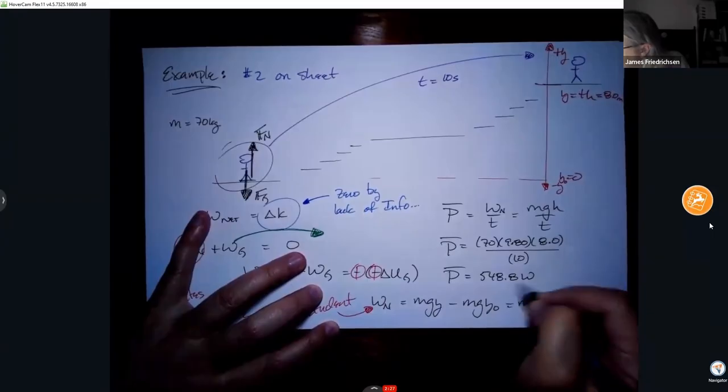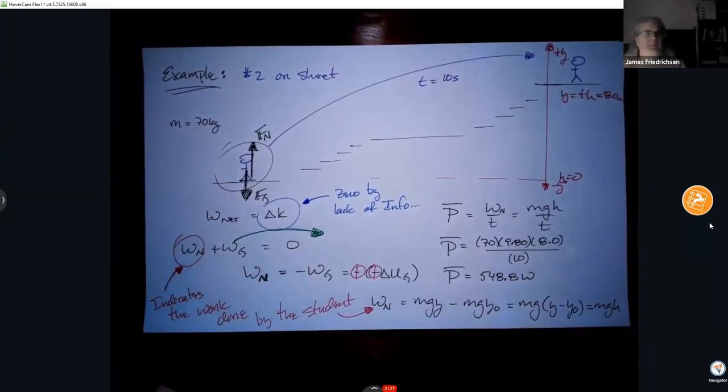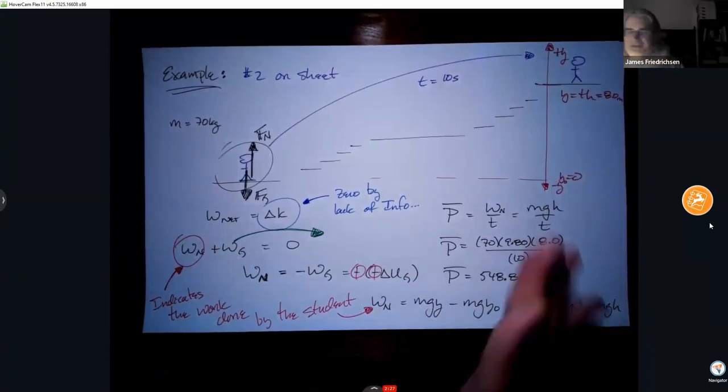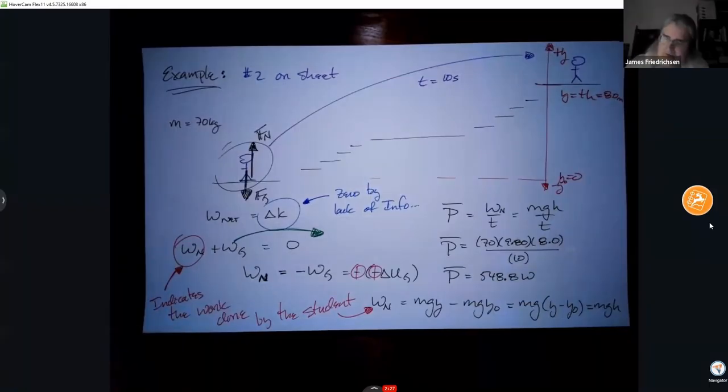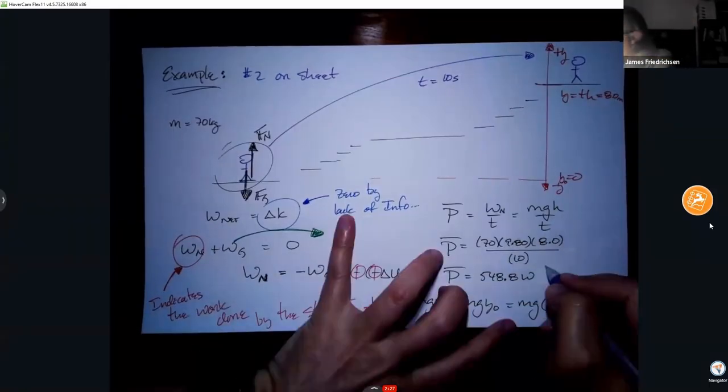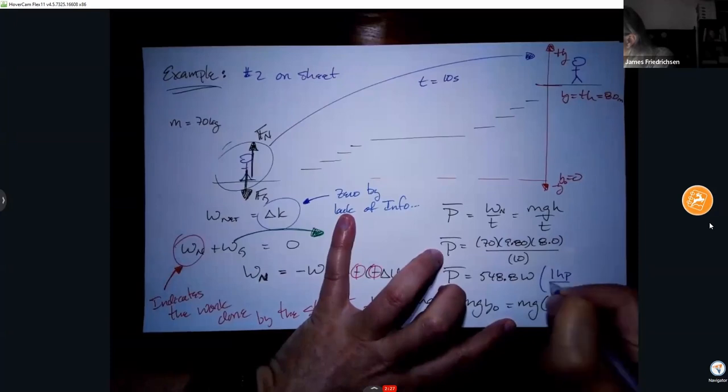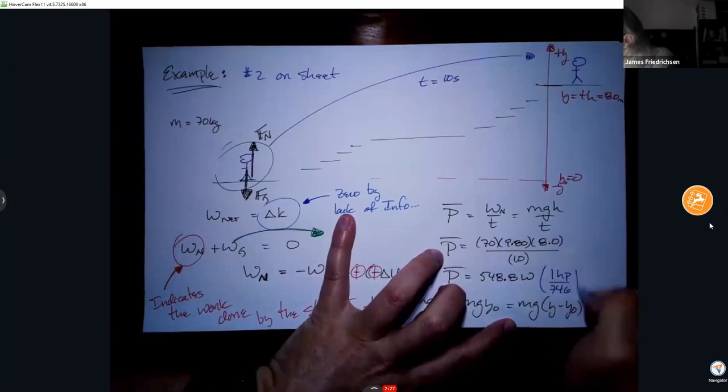This is in watts. So if we wanted to compare it to a hair dryer or something like that, I could do a pretty good job. But we should probably do the conversion into horsepower to see where we're at. And we had that 1 horsepower is 746 watts.